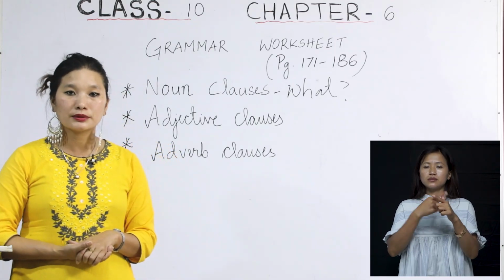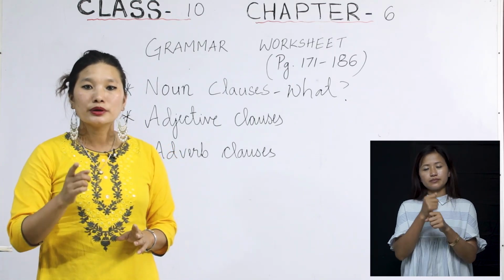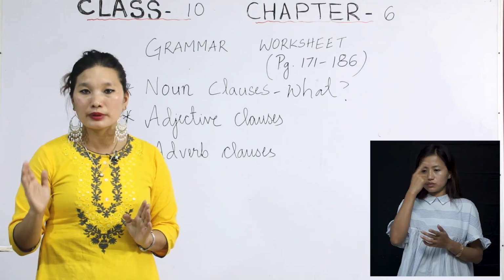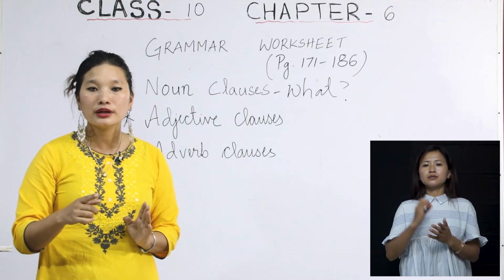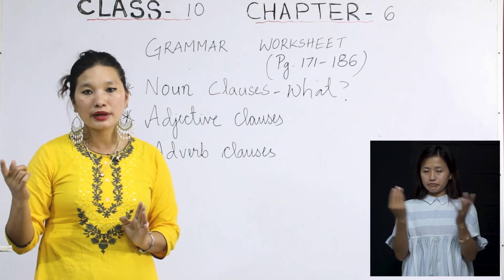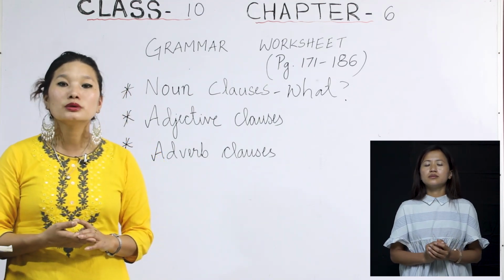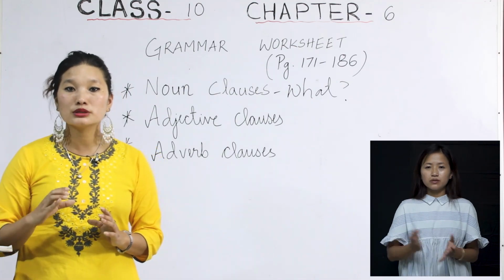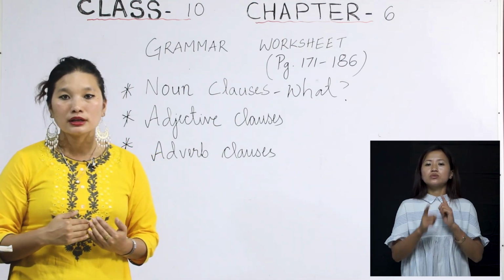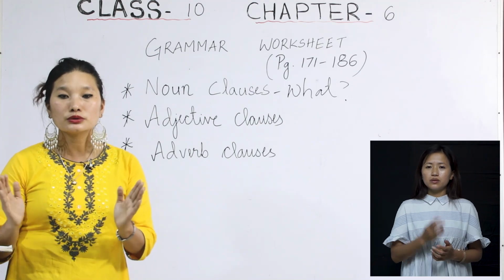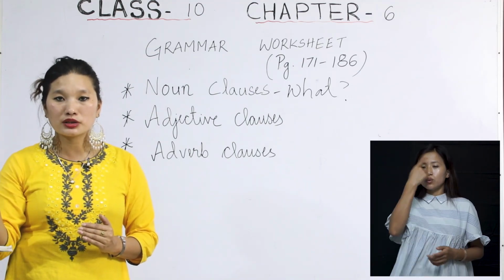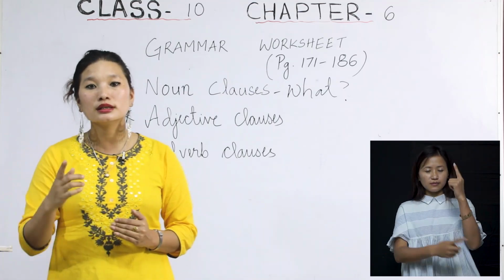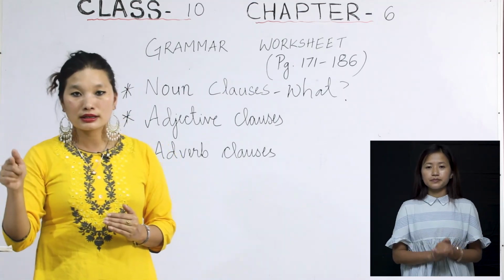I'll give you one example. The boy who is sitting in the last bench is my classmate. Okay, the boy who is sitting in the last bench is my classmate. So there is a group of words which describes the boy, right? The extra information like who is sitting in the last bench is actually not needed. You can say the boy is my classmate.